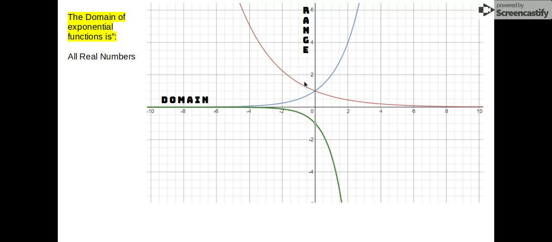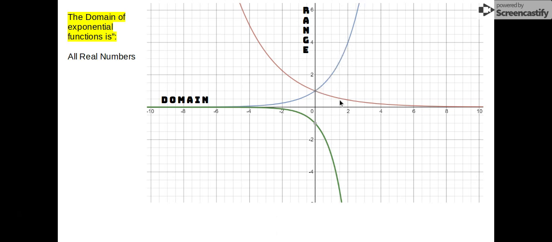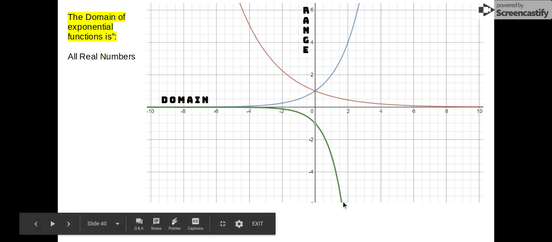And they all go forever to the right as well. The blue one is going up and to the right. This red one is kind of leveling off at the right. And this green one is going down and to the right. But they're all going to the right. So that's why we say all real numbers.